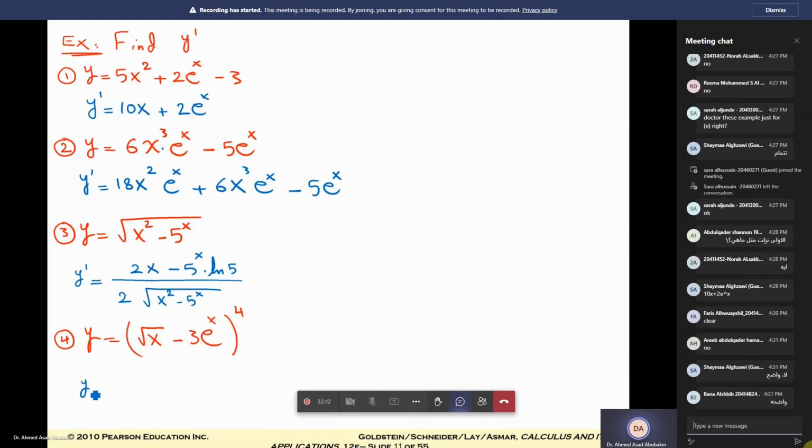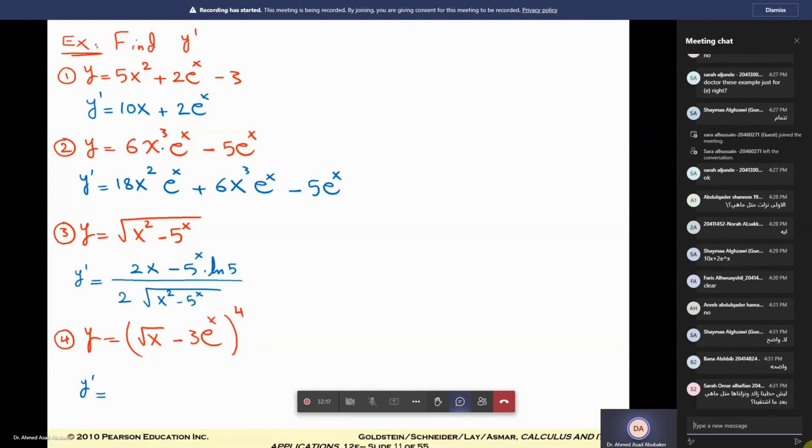Last one, we have brackets with an exponent. Now for the exponent, multiply by the same brackets, new power, to the power 4, the derivative of inside the brackets: radical x equals 1 over 2 radical x, minus 3e to the power x. Okay.